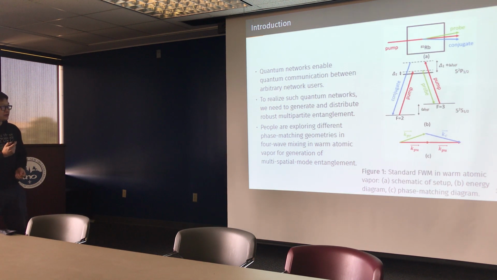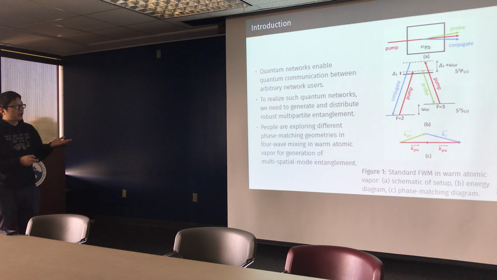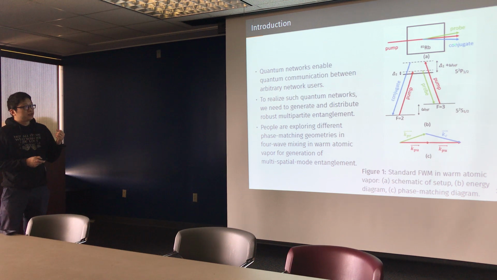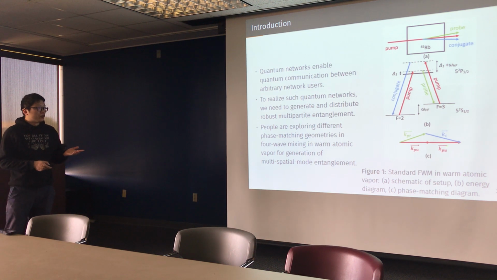First, this is the schematic for our standard four-way mixing. A pump beam comes into a cell that's filled with, say, hot rubidium-85 atoms. Through a nonlinear process, two photons in the pump are annihilated, and a pair of probe and conjugate photons are created. This is the energy diagram for this nonlinear process. It involves four energy levels in the atom, and C is the phase matching condition for this process.